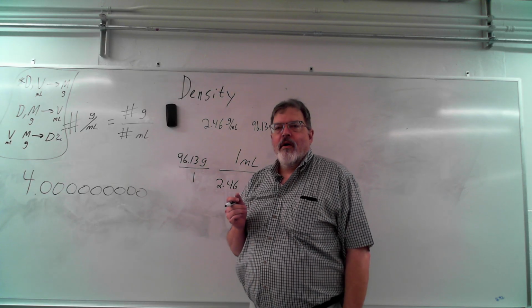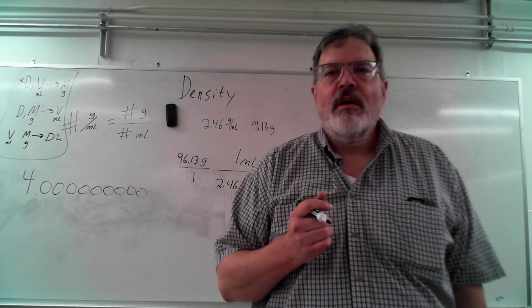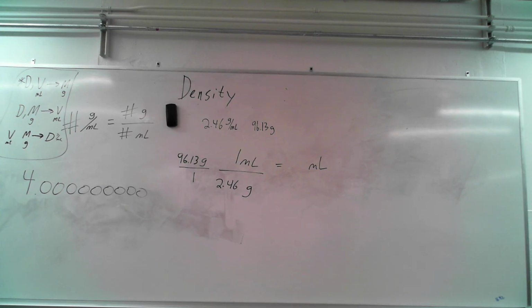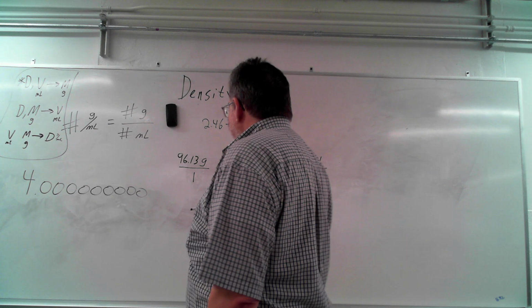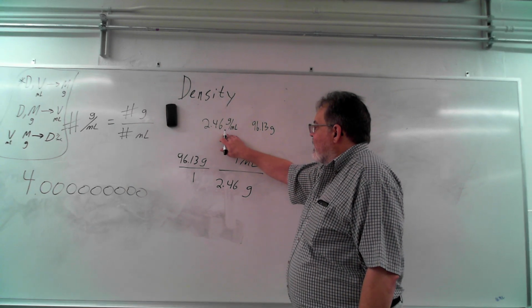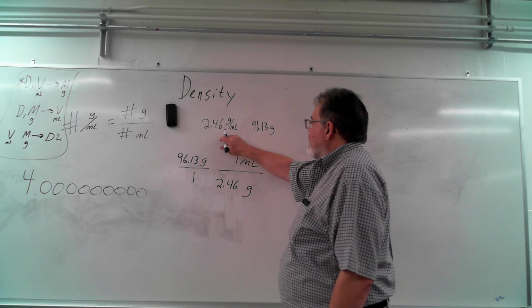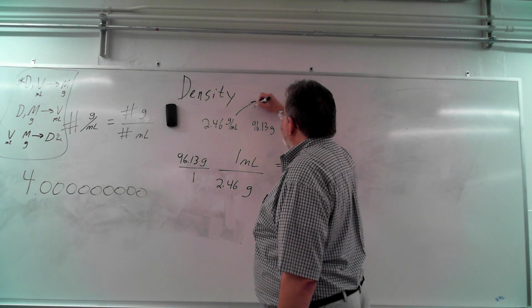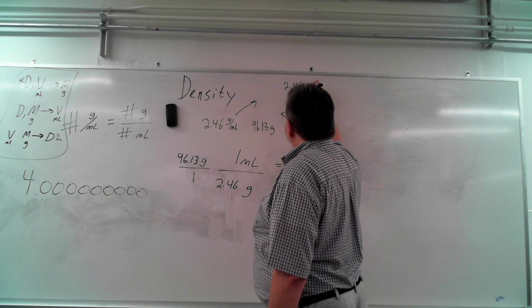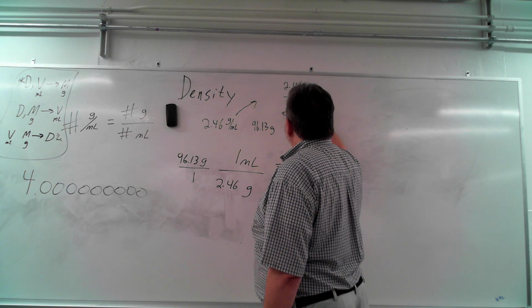Okay. For your problem right here, is the 2.46 supposed to be grams over milliliters? Well, that's the definition of density. It is grams over milliliters. But for your problem, what I tell you to do is first turn that into 2.46 grams to 1 milliliter.